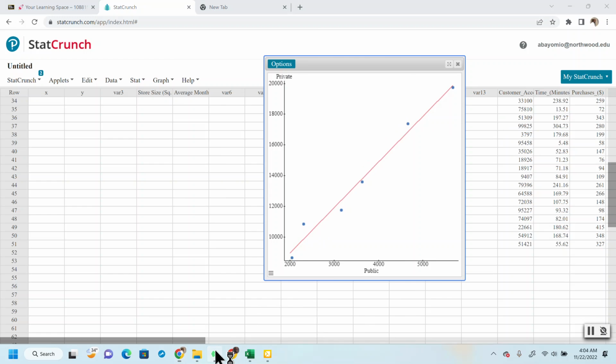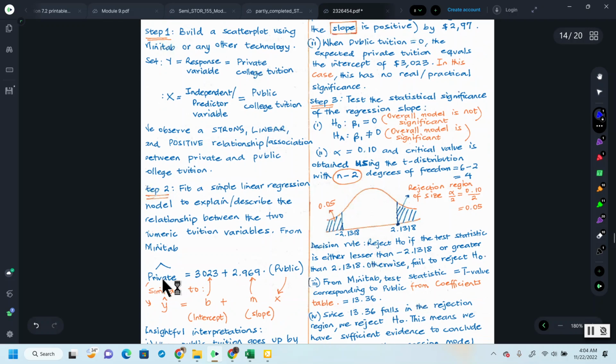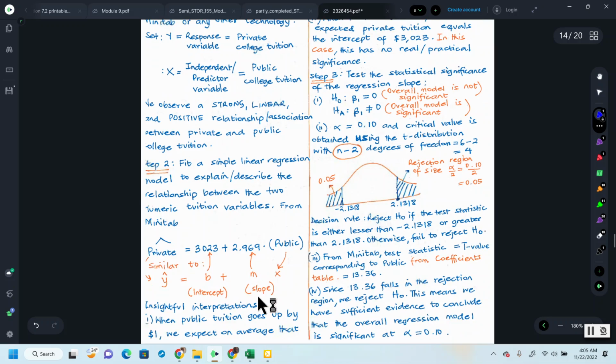Okay, so as it stands then, we can say that private is related to public by this equation. So this is similar to your y equals mx plus b, where your intercept is a standalone number and your public, remember, public was your x, so that is x here, and then the slope here is m.